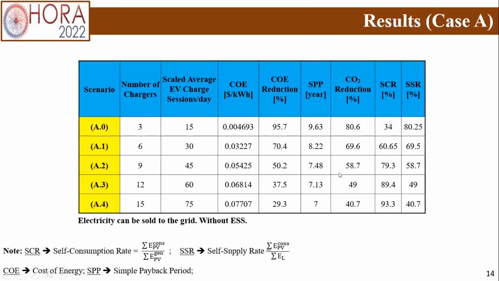As can be seen from the table, the financial and environmental advantages of HBS have decreased with the increasing EV charging demand. According to the grid-only case, with the HBS preference, even at the highest charging demand, 29.3% more economical and 40.7% more environmentally friendly solutions are achieved. With the increasing EV charging demand, the excess electricity generated from the PV was used to meet the demand instead of being sold to the grid.